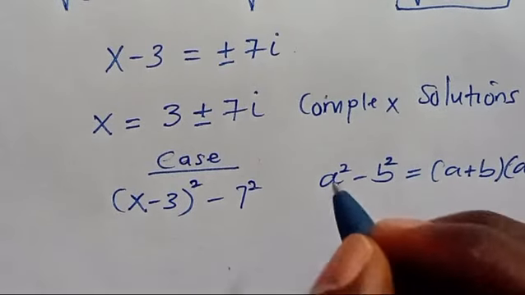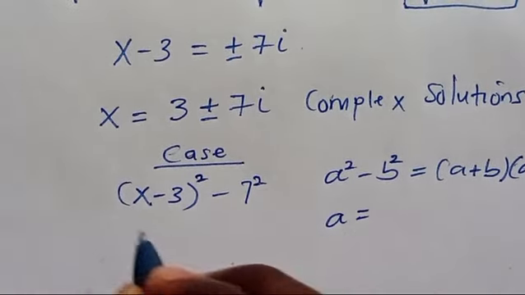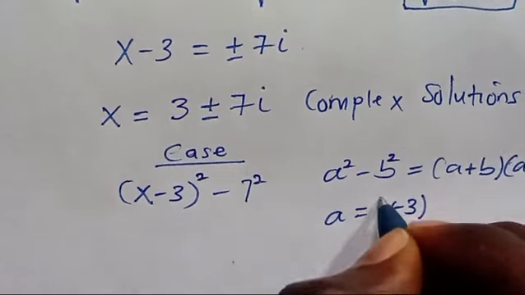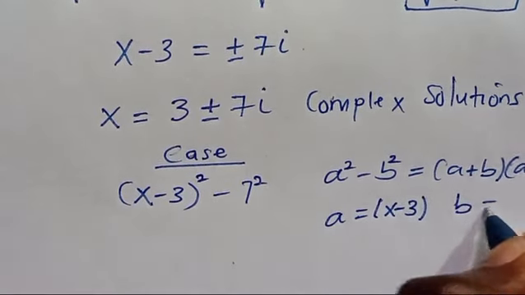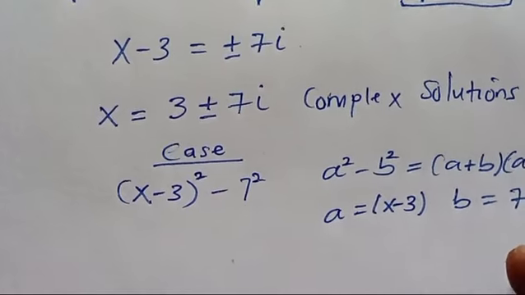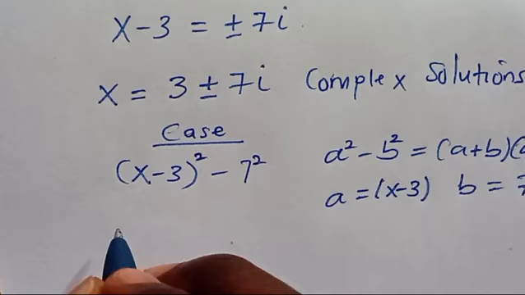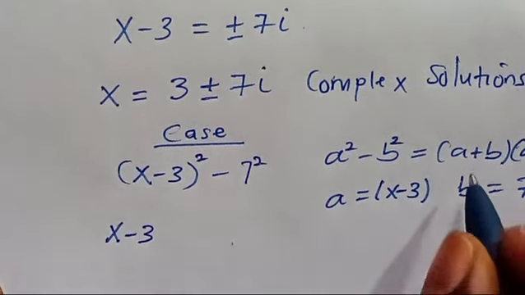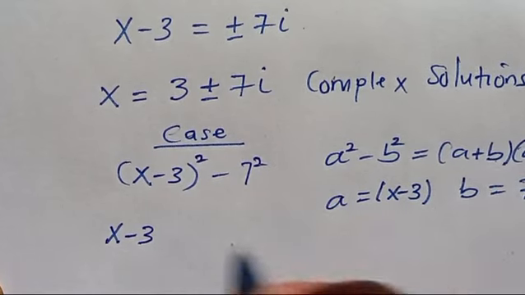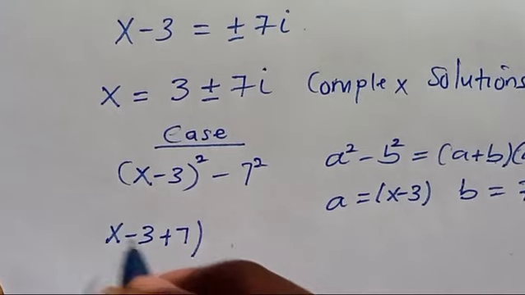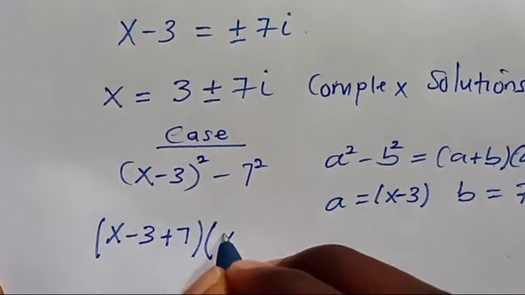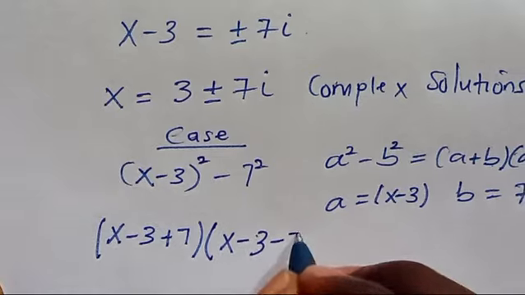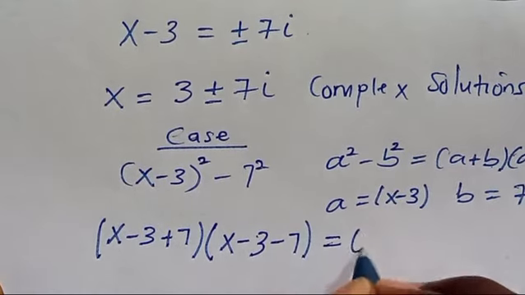So we have to apply this where our a is x minus 3 in parentheses, then our b will be equal to 7. Then we are applying it here. So we are going to have (x minus 3 plus 7) in parentheses multiplied by (x minus 3 minus 7) in parentheses equals 0.